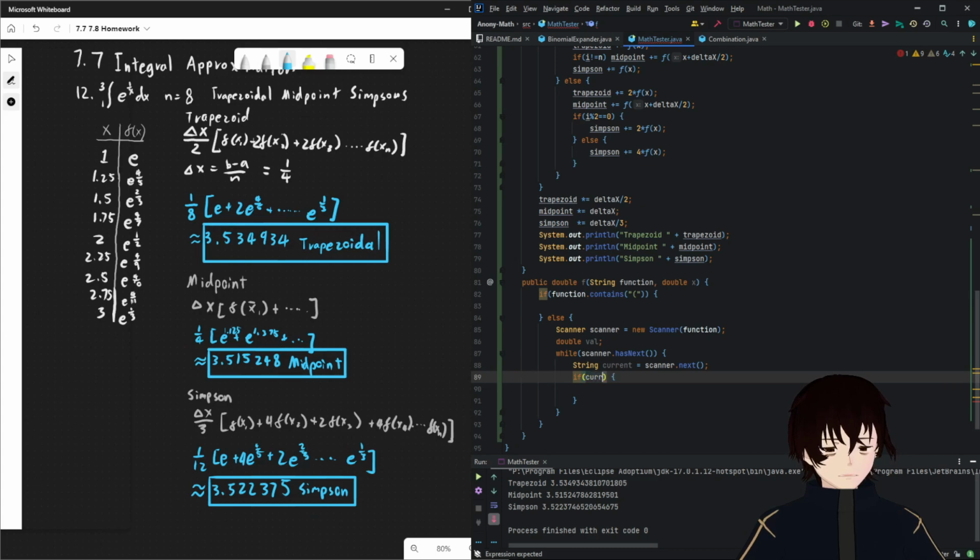If current equals x or, ooh, how would I get a number?